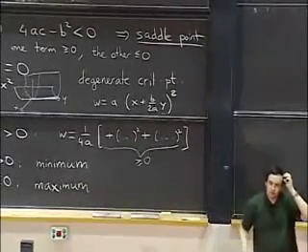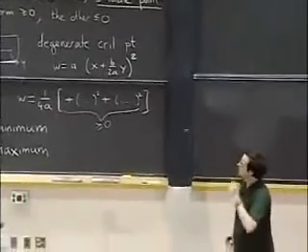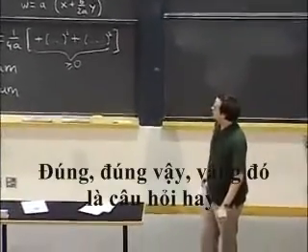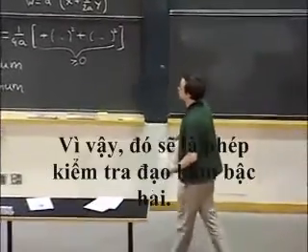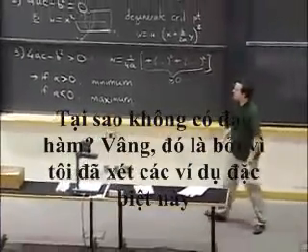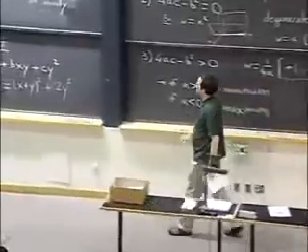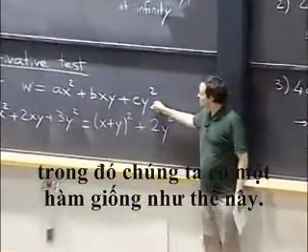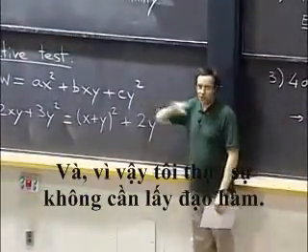Yes? You said this is called the second derivative test. Are we going to take the actual derivative? Yes, that's a very good question. I said it's going to be the second derivative test. Why do we not have derivatives yet? Well, that's because I've been looking at this special example where we have a function like this, and so I don't actually need to take derivatives yet.